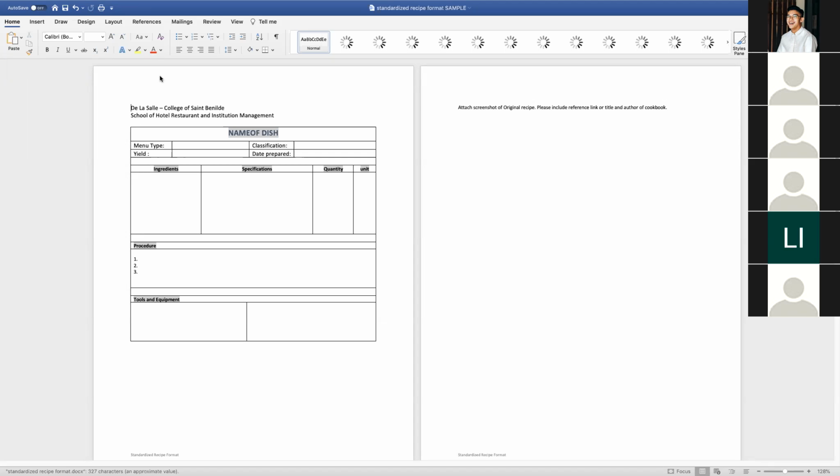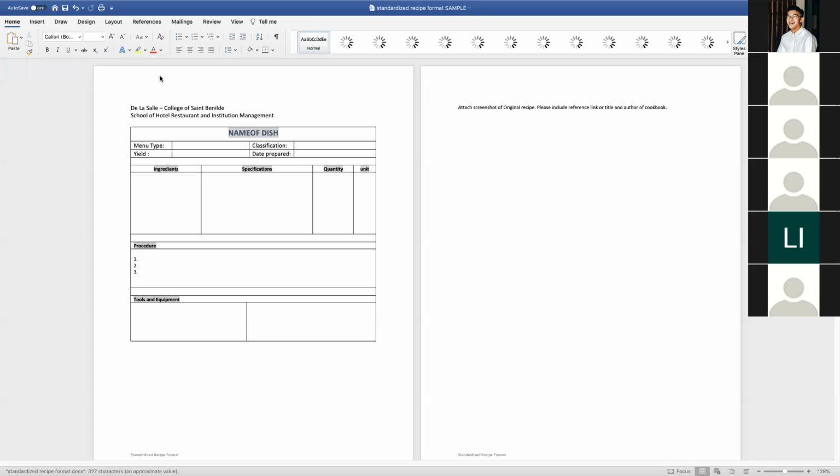Did you understand it? Yes po. All right, that's good. I'll upload the metric conversions. Guys, as I've said, please keep it simple. Hindi pa naman, we're not doing cuisines yet. Just keep it simple. Even if it's just a 5 quantity or 5 item recipe, I don't mind. My objective is just for you to understand how to write a standardized recipe and why we're doing this.